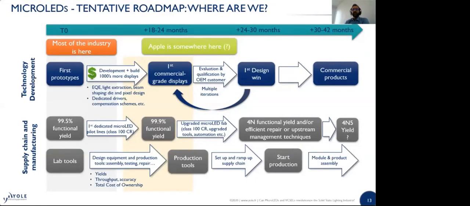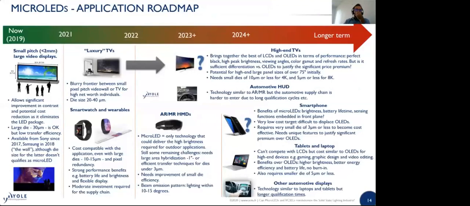Many prototypes can be built from a wafer run, and setting up the supply chain is easier as a lot of steps can be outsourced. Small foundry runs are expensive, however, and non-recurring engineering costs can be much more significant. So in terms of application roadmap, smartwatches are a perfect beachhead.